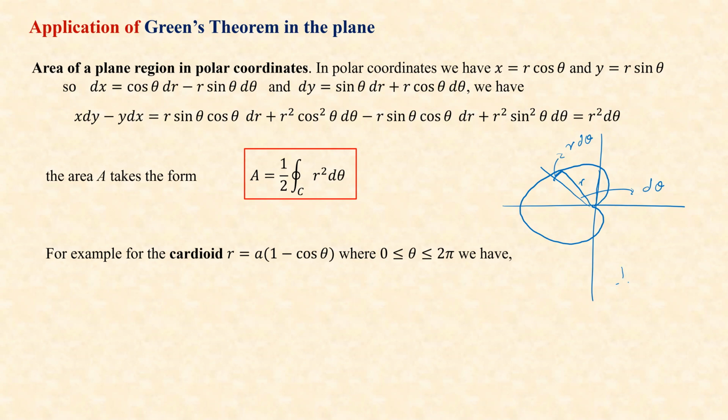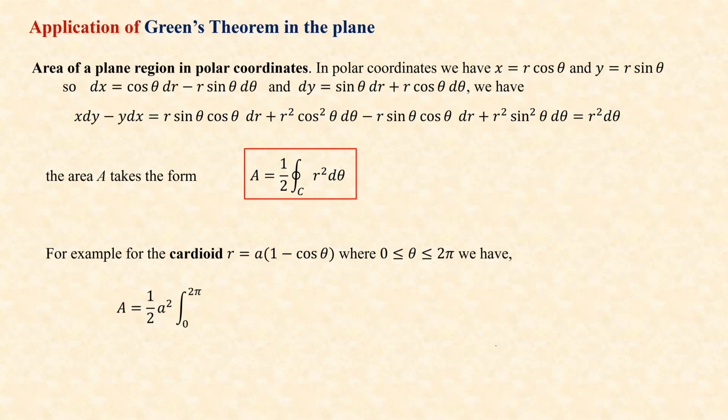So it becomes 1/2 base, which is r d theta, times the height, which is r. So it becomes 1/2 r squared d theta. And you see that the area becomes the integral of 1/2 r squared d theta. And 1/2 can come out because all of them have 1/2. So 1/2, in this case, r is a squared times 1 minus cosine theta squared.